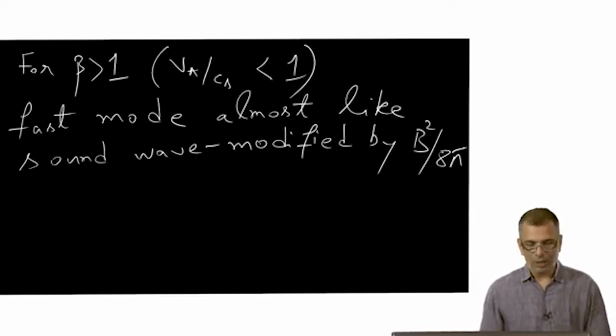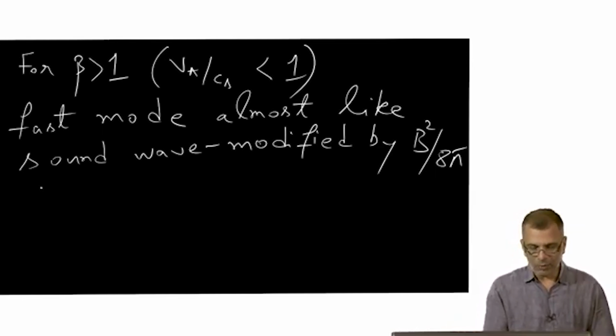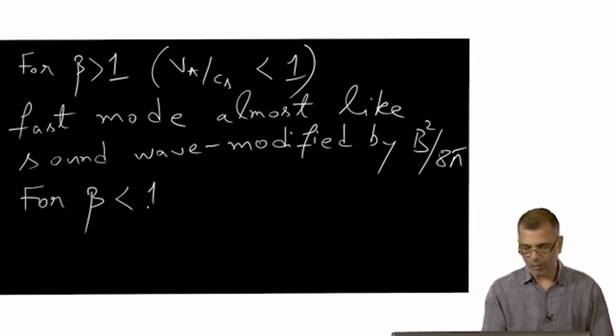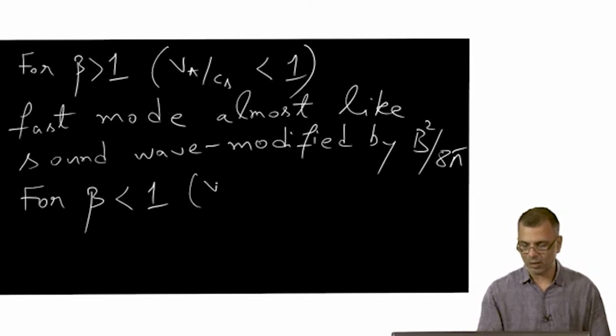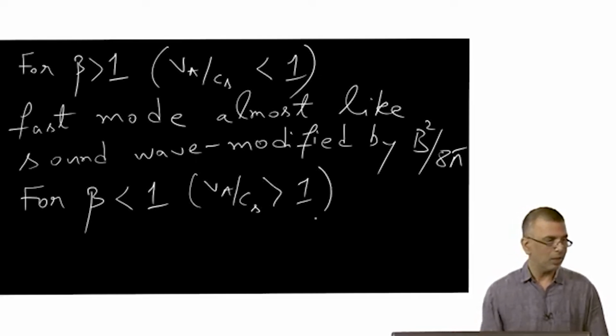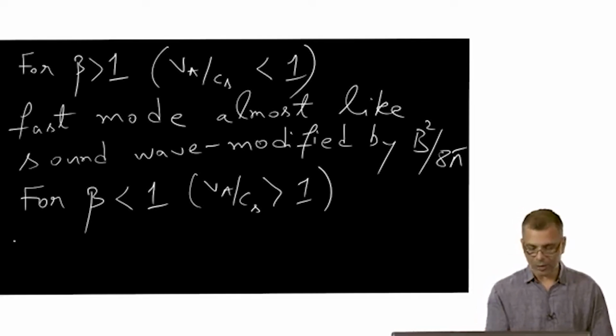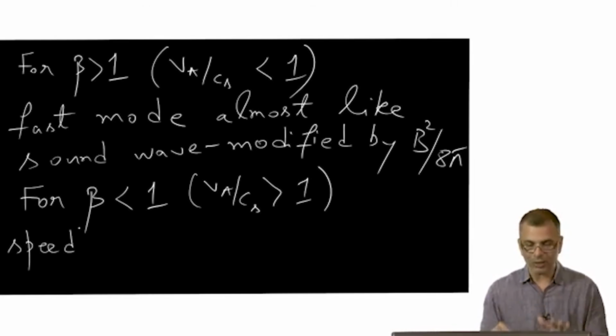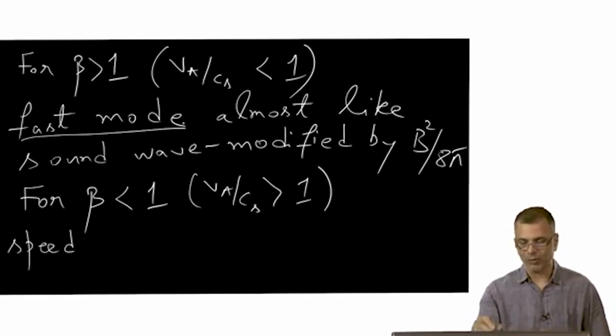For beta less than 1, in other words, VA over CS greater than 1, the speed of the fast mode is, right now we are discussing only the fast mode, after this we will discuss the slow mode.